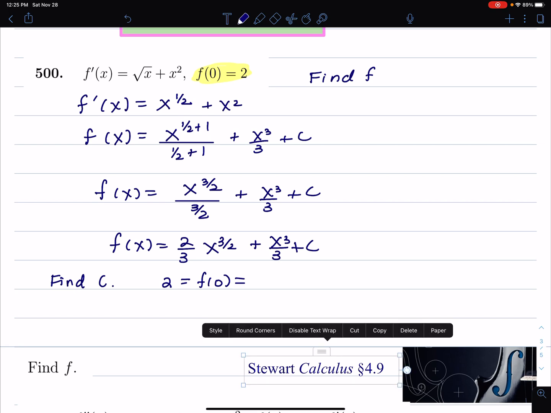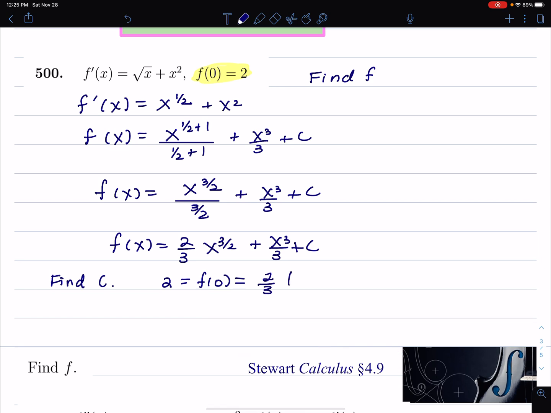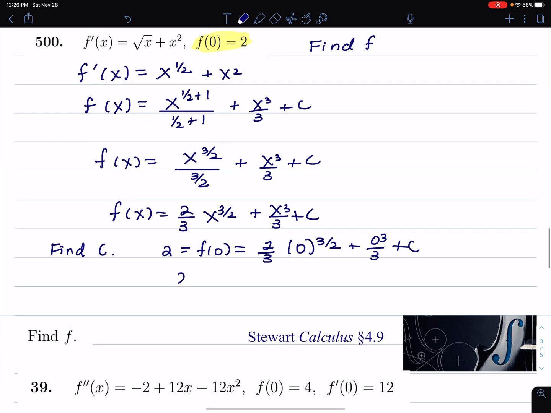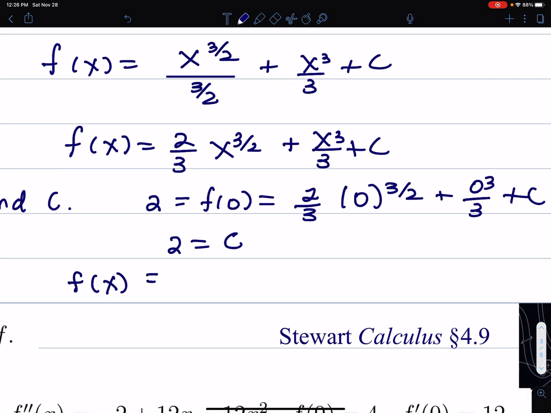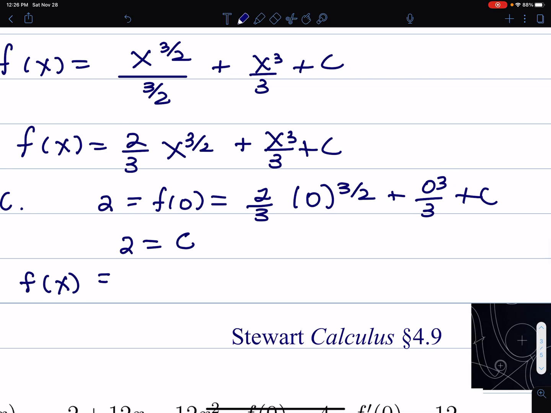I plug in 0 for x, and I get 2/3 times 0 to the 3 halves, plus 0 to the 3rd power over 3. Especially as beginners, we're supposed to show work. So this is 2 equals 0 plus 0 plus c. So c is equal to 2 because everything else was 0 and disappeared.